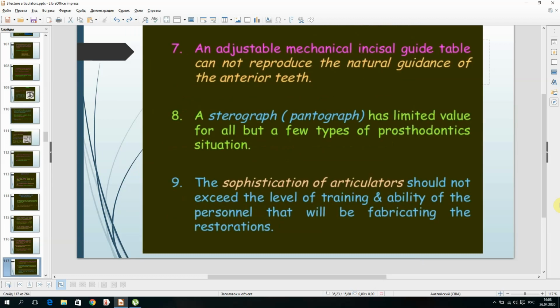An adjustable mechanical incisal guide table cannot reproduce the natural guidance of anterior teeth. A stereographic pantograph has limited value for all but a few types of prosthodontic situations. The sophistication of articulators should not exceed the level of training and ability of the personnel that will be fabricating the restorations.